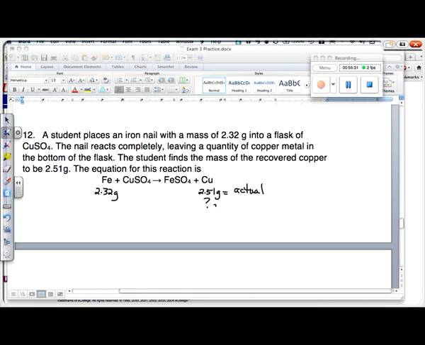We need to find our theoretical by converting this amount that we were given into moles first. Of course, iron is 55.85 is the molar mass. So 2.32 divided by 55.85, and I get 4.15 times 10 to the minus 2 moles.